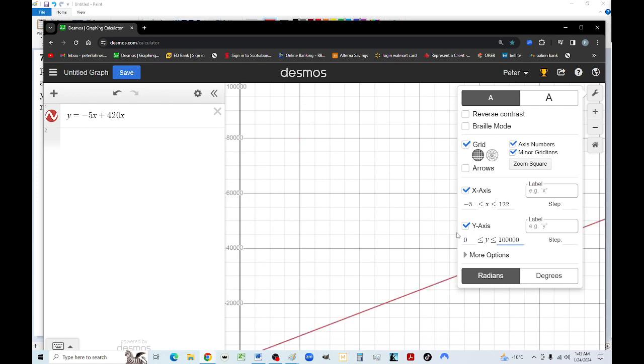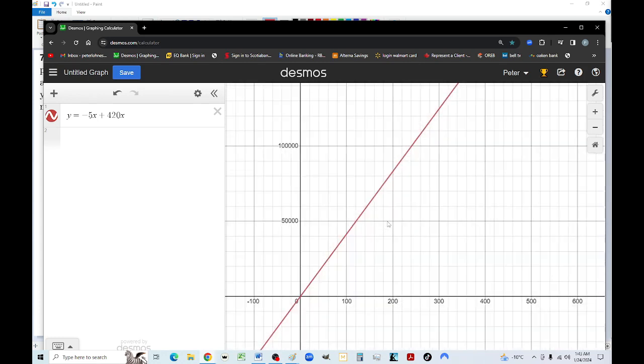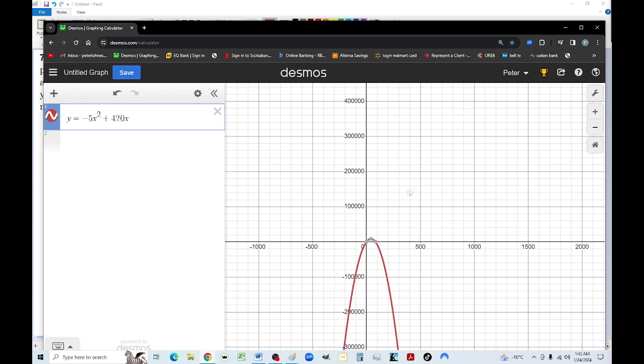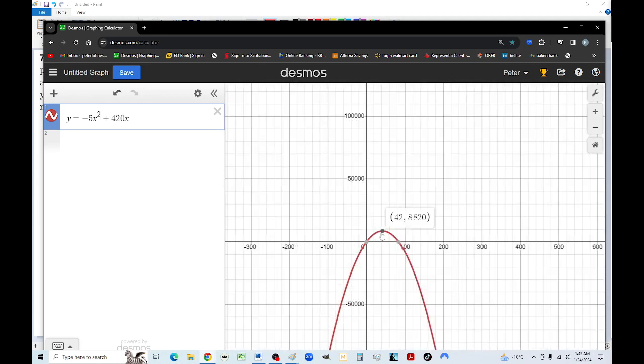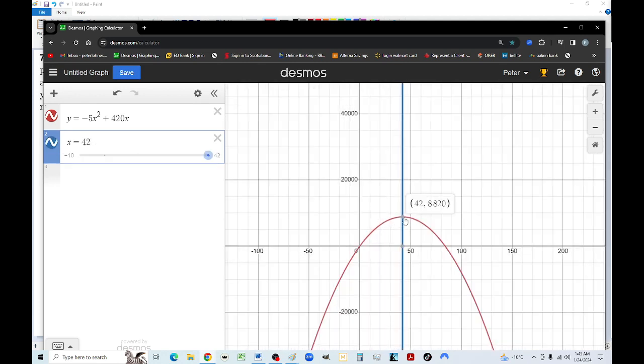Even more, just to see the top. Oh, I forgot to put x squared. And sure enough, if we zoom in on this, we discover when x is equal to 42, we find a maximum yield of 8,820 qubits.